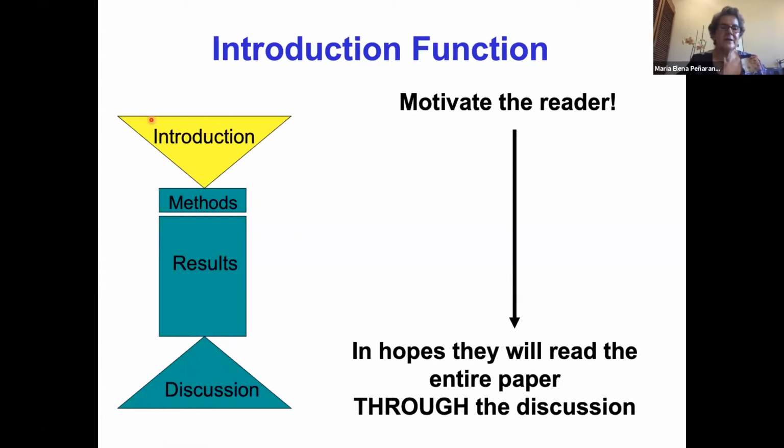Here, like Gregorio was saying, we introduce the topic, we go wide and introduce the general problem, and then we focus on one aspect of that general problem. We don't have to review all the literature on that. And then we start narrowing down to articles on that topic, voids, questions, and our approach.